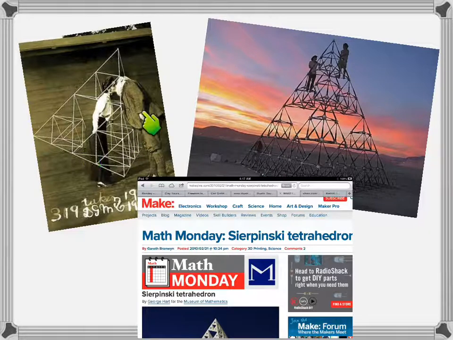This is actually Alexander Graham Bell and his wife kissing in a Sierpinski tetrahedron. I think it's kind of cute. This is a structure called Bat Country that was created by Gwen Fisher and Paul Brown, who are the creators of Doceri. They created this program that I am using to make this video with, and they made it for Burning Man, that I believe is in Nevada, and they did it several years back.